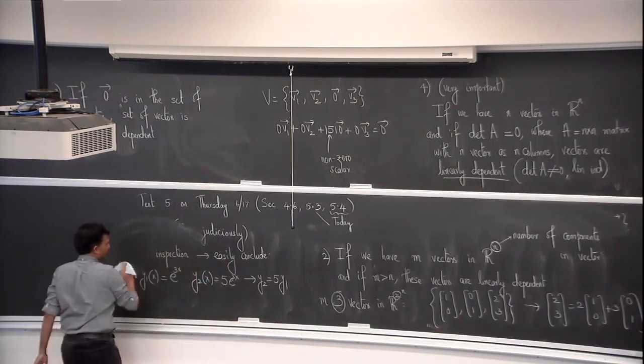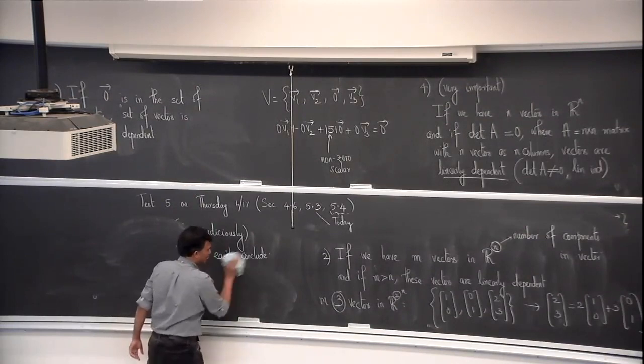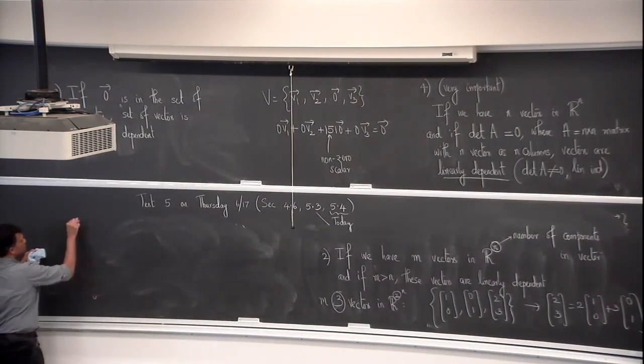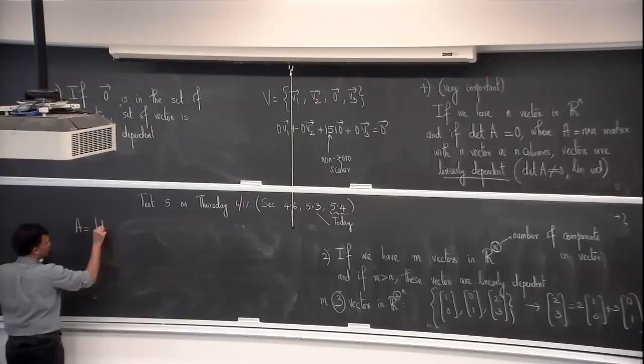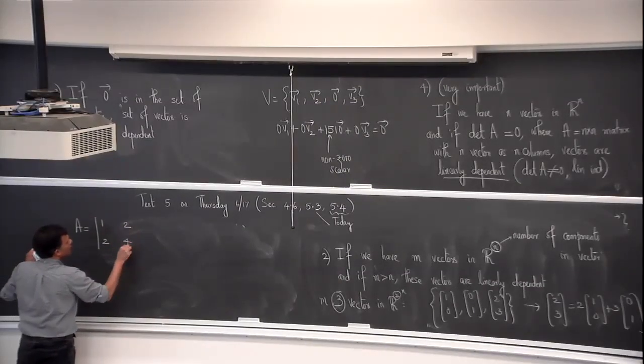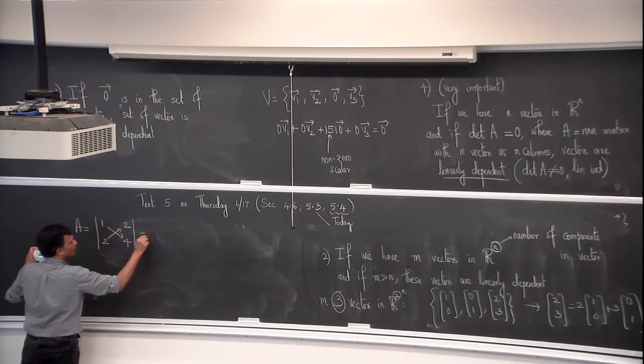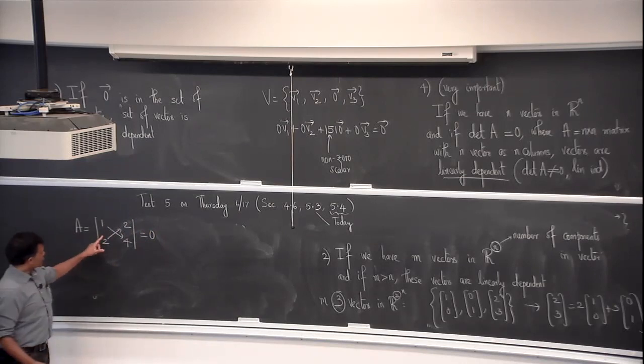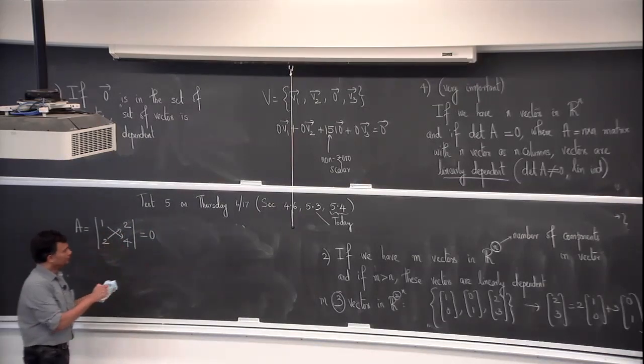And it's not very difficult to see why this is the case. Just take the vectors 1, 2, and 2, 4. So A equals the determinant of 1, 2, 2, 4. That is 4 minus 4 equal to 0. We don't need this actually, but just to convince you that if you take any determinant with rows or columns being multiples of each other, that is always equal to 0.